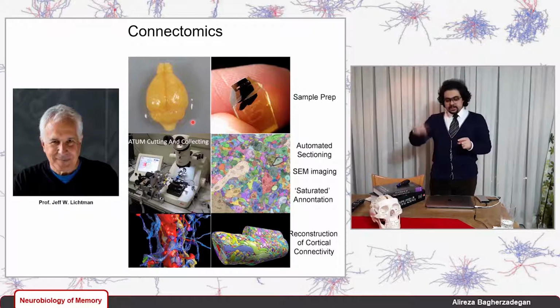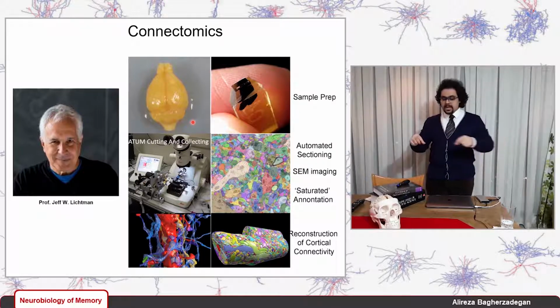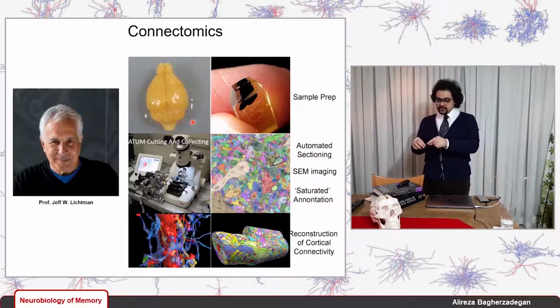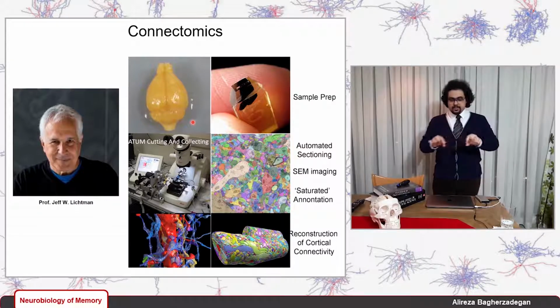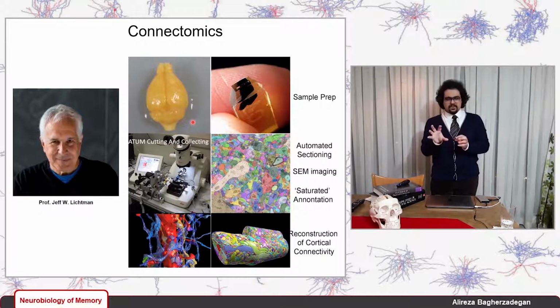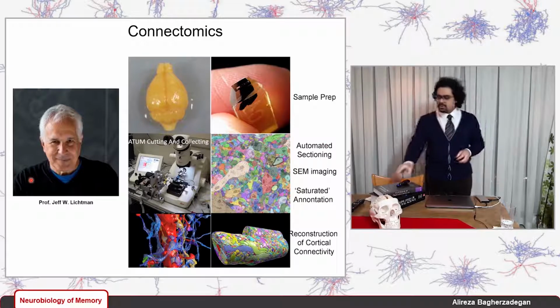And because this machine does it automatically, it puts these slices or samples on a tape, okay? And later, people in Professor Lichtman's team actually cut that tape and put it on a kind of wafer or a plate. I'm going to show you the picture.